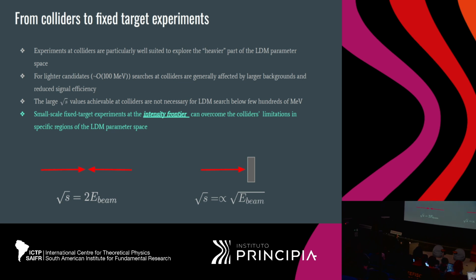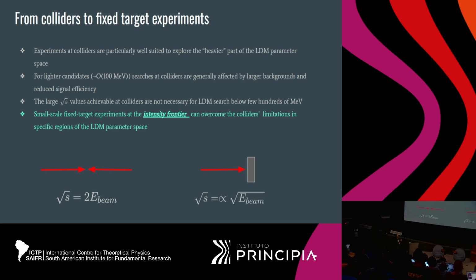Okay, so we come finally to the end of this description of collider experiments in this field, and we move to the fixed target experiments. What we saw is that colliders feature important sensitivity in the large mass part, and this is due in particular to the large square root of s they can achieve.